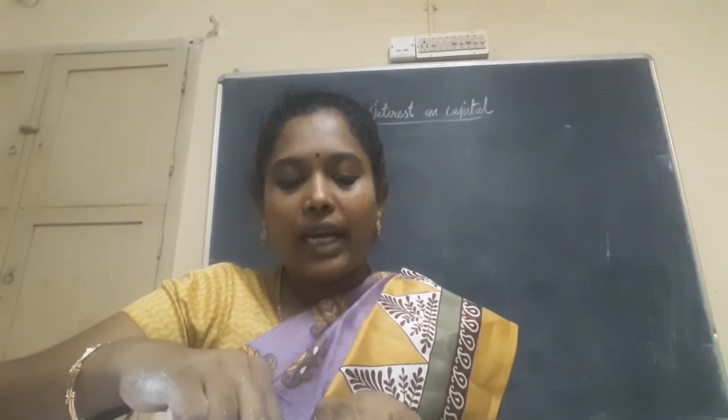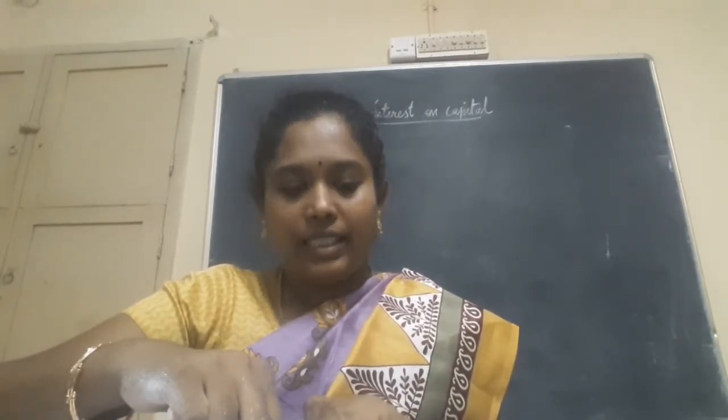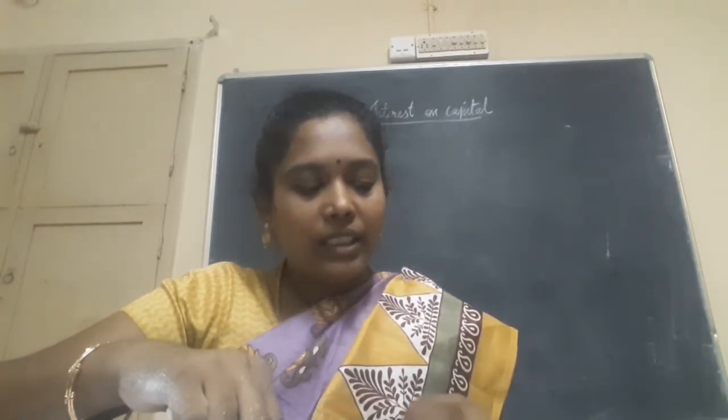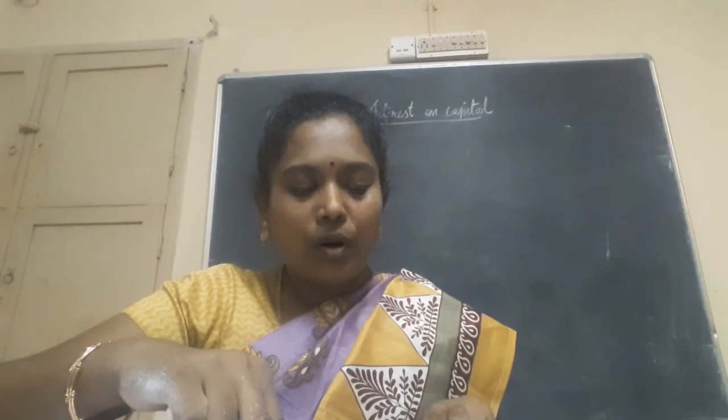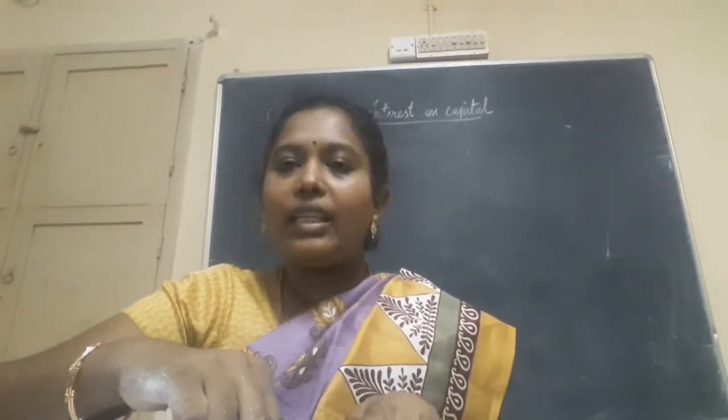Calculate interest on capital at 5%, that is the rate of interest, for the year ending 31st March 2018 and show the journal entries.